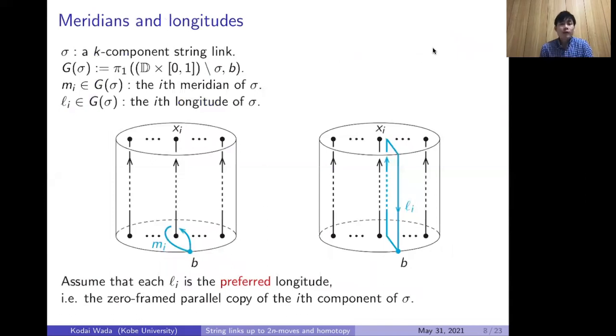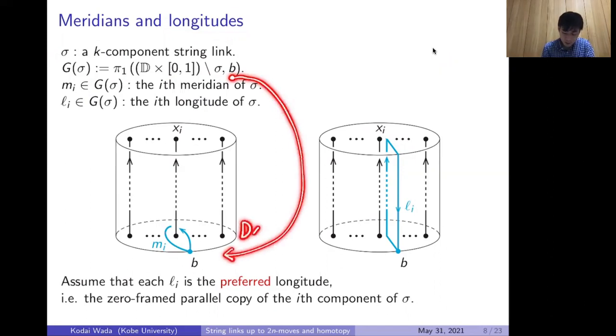In order to define mu invariants, we consider meridians and longitudes. Let sigma be a k-component string link. We denote by pi of sigma the fundamental group of the complement of the string link sigma with respect to a base point b, which is on the boundary of D times 0, like this. Let m i be the ith meridian of sigma.